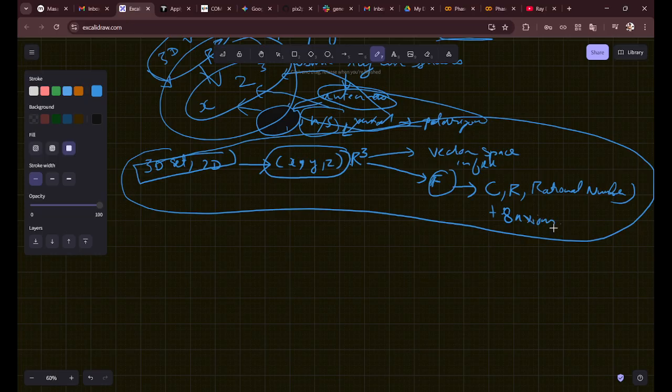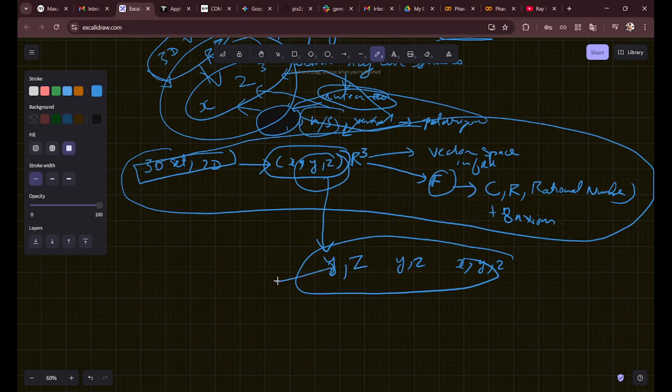Now what about subspaces? As we can deduce from the term, subspaces means we take some part of it. It can be only Y, only Z, or YZ, or it can be X, Y, Z. If you take Y, this will be one-dimensional.